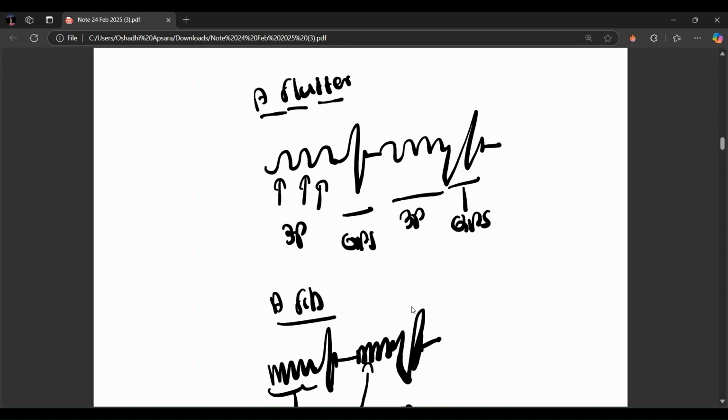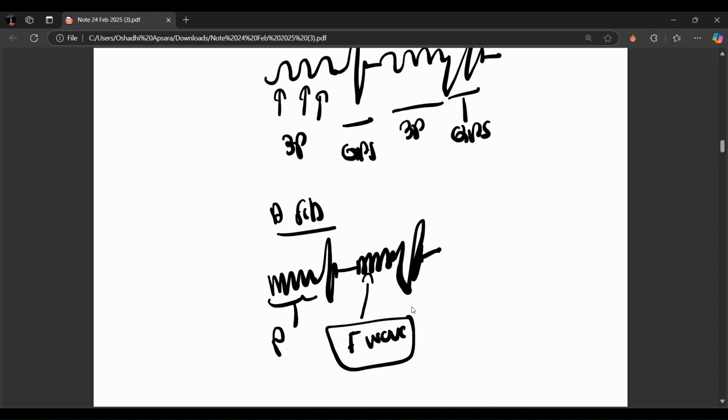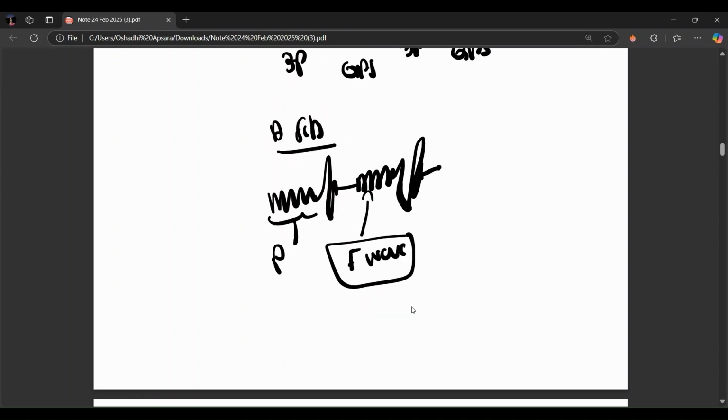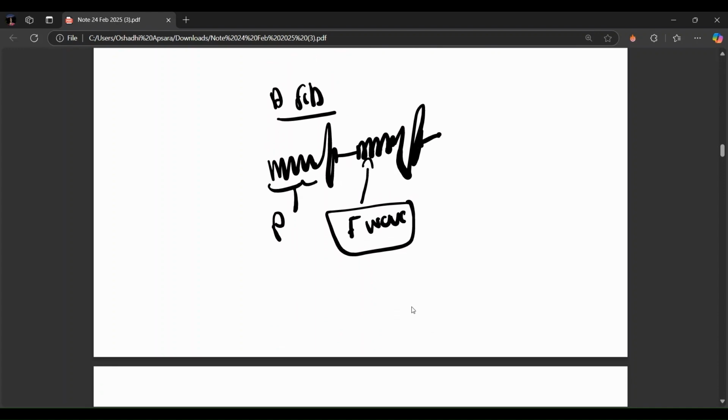Like in atrial flutter, you could say it's a P wave. It's okay. So 2 to 3 P waves after the QRS complex, this is flutter. You could count. Basically, you could count in flutter, but in AFib, you cannot count. Just like a screw-shaped appearance, we call these waves F waves.